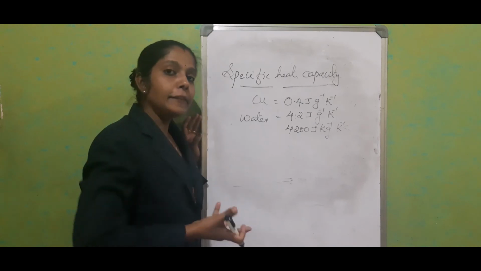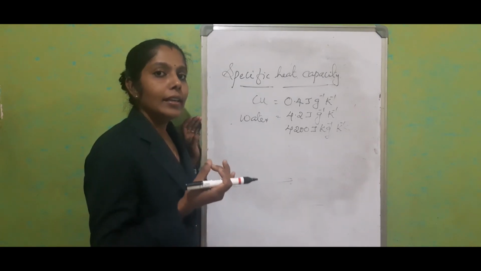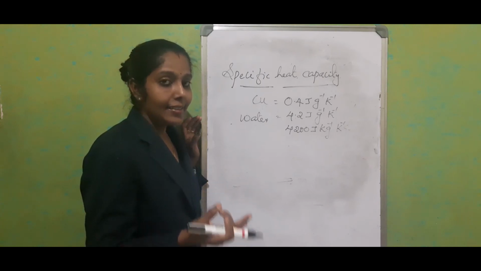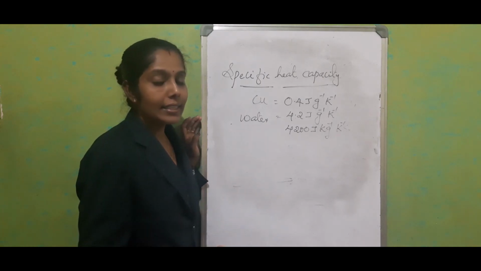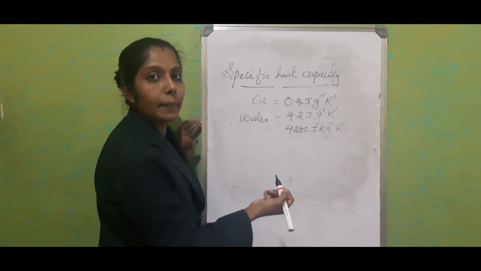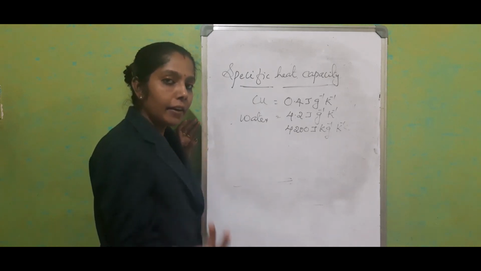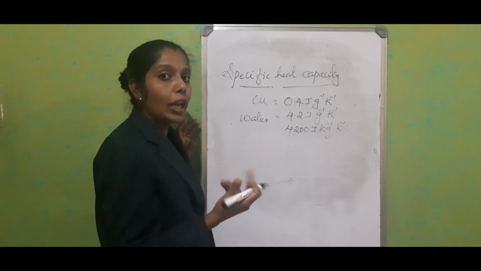What are the other phases of water? Water, ice, steam. This is the value of specific heat capacity of water. But in the case of ice and steam, the value will be different.